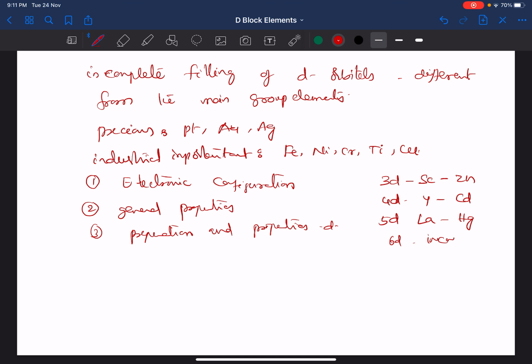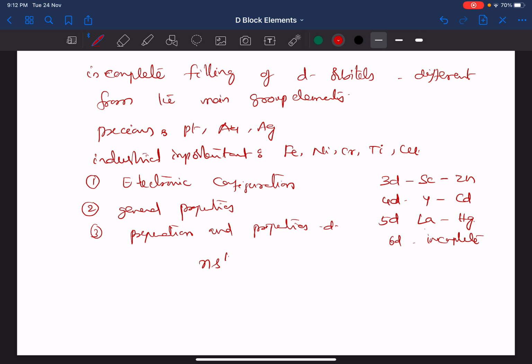We have already known this. So the first elements are scandium, yttrium and lanthanum, whereas the last elements in each d series are zinc, cadmium and mercury. Now we will go for the general electronic configuration of these D block elements.